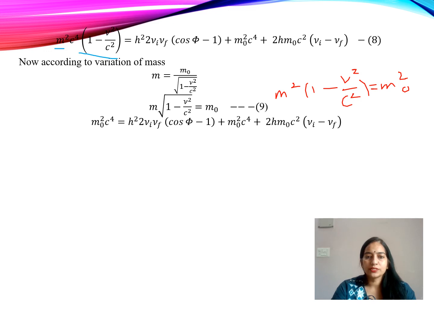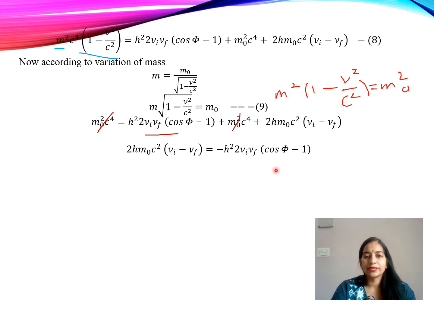If you see, this term is cancelled out, and we take this term to the left side, so this equation can be written as 2h m naught c square (nu_i minus nu_f) equal to minus h square 2 nu_i nu_f (cos phi minus 1).